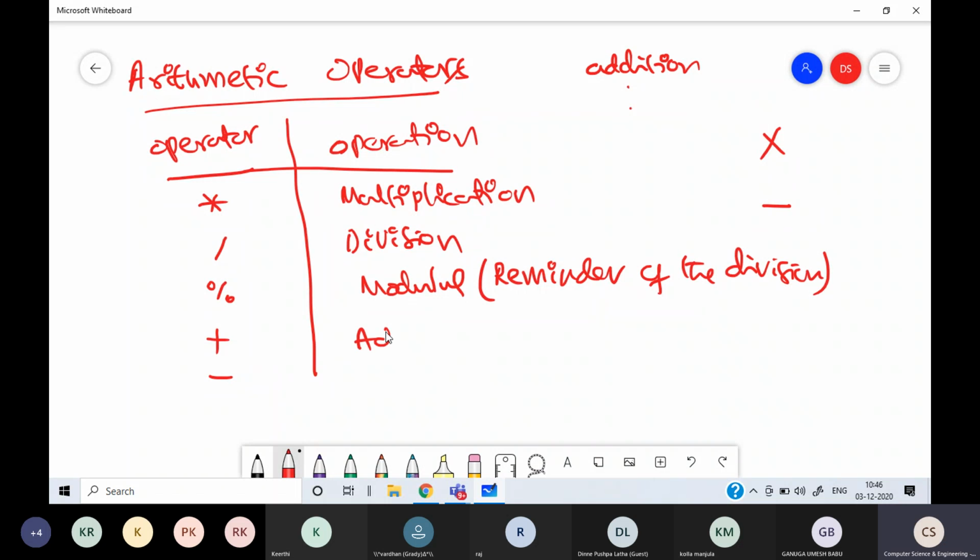Plus is for addition, and plus and minus are the same as what we use in our day-to-day life. For multiplication and division, we use different symbols.